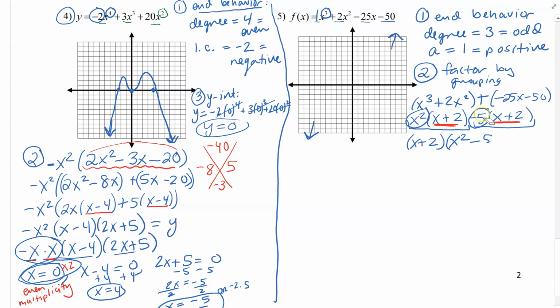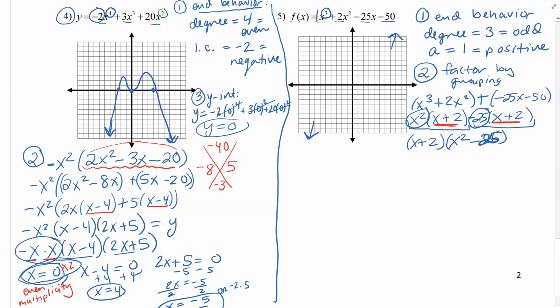Oh goodness, this is not 5. This would be 25. Sorry, 25 is the GCF between 25 and 50, which I think I had in my head because 25 divided by 5 isn't 1. And 50 divided by 5 is not 2. This should have been a 25 right there. Okay, so minus 25, and then same here, minus 25.